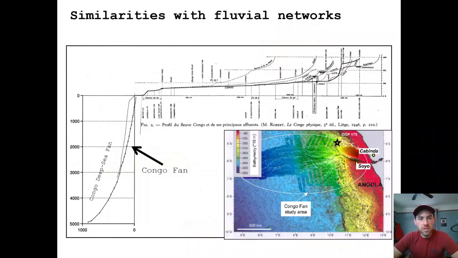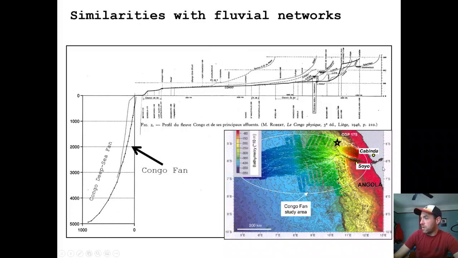Similarly to fluvial networks, you get these graded, concave up profiles. So here's a system. These are a number of river profiles here off the Congo deep sea fan, right?